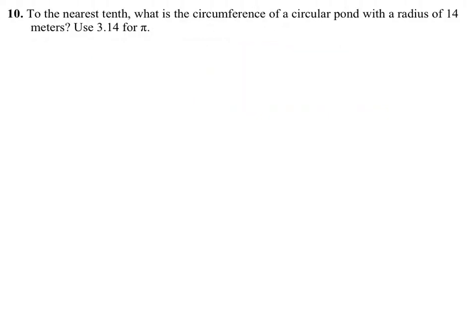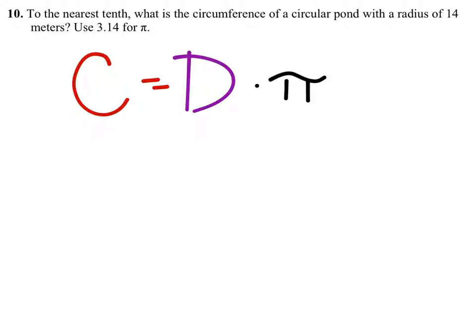To the nearest tenth, what is the circumference of a circular pond with a radius of 14 meters? Use 3.14 for pi. We will not. We will use pi for pi. Alright, so we want the circumference, which is the diameter times pi. But what they gave us was the radius.